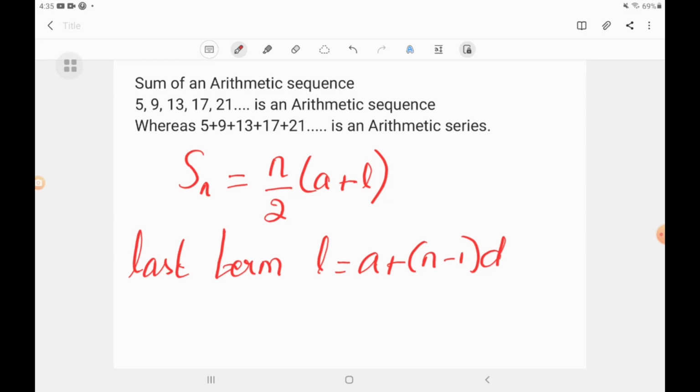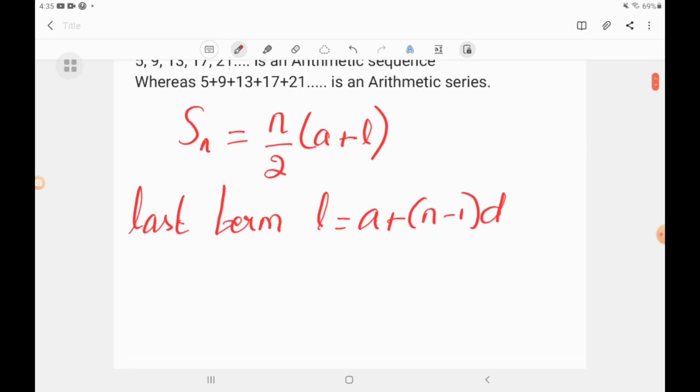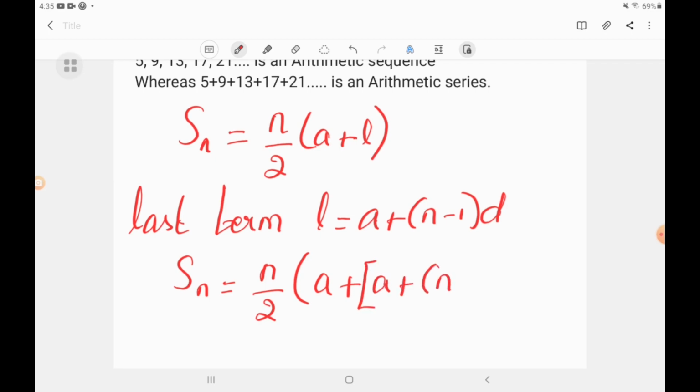We're doing this process in order to find the alternative formula if the last term is not given. So therefore in the place of L, we substitute this expression: a plus (n minus 1) times d.